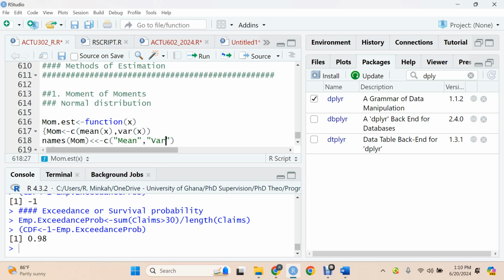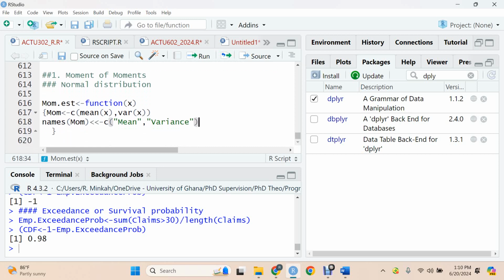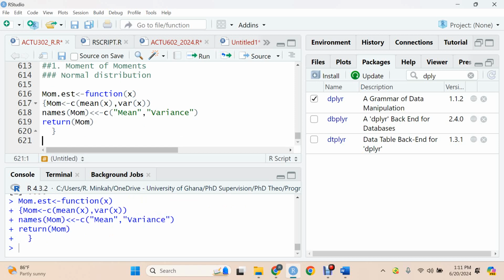Variance. Is that okay? Then what do I return? mom, like this. Okay. So I can do this. So that's the method of moment estimator for the normal distribution. Oh, let me say mom norm, right? It will be better, so that we know that it's for the normal distribution.